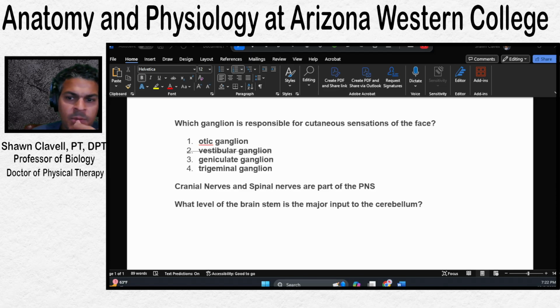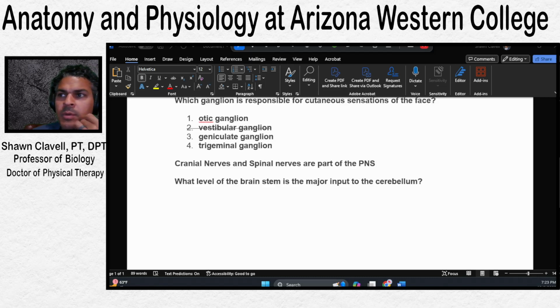Because there's a sensory and a motor root. Yeah, and so those would be the two that I can think of here.